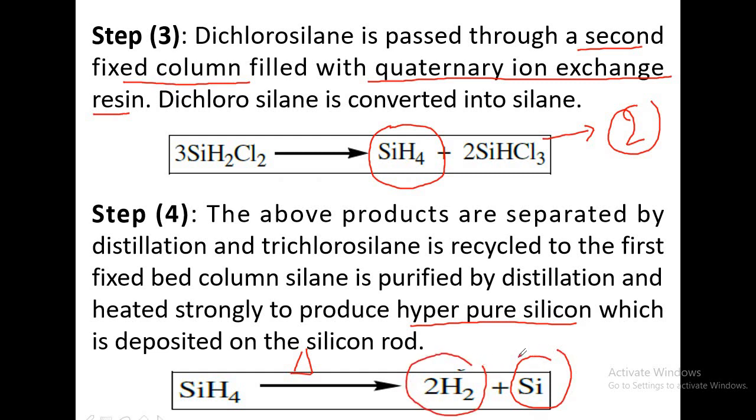This hyperpure silicon is 99.99% pure, and it is deposited on a metallurgical grade silicon rod, thereby increasing the concentration of pure silicon in the rod. Indirectly, that is decreasing the concentration of impurities, thus upgrading the metallurgical grade silicon rod to solar grade silicon.